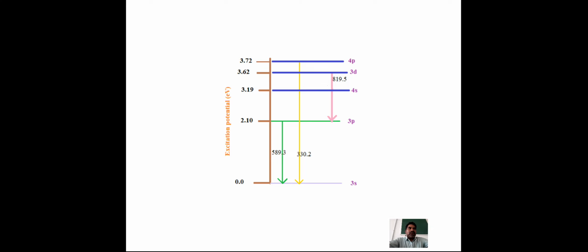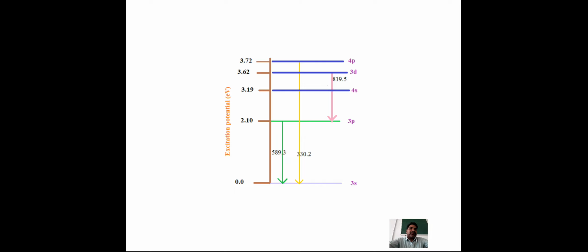When atoms are excited from 3s to 3p, they are short-lived, so deactivation occurs through liberation of this energy in the form of visible light. The light wavelength would be 589.3 nanometers. Similarly, when the electron jumps from 4p to 3s, it emits light of 330.2 nanometer wavelength.